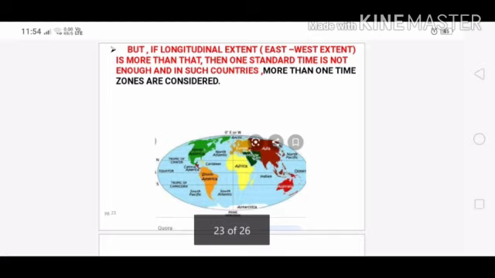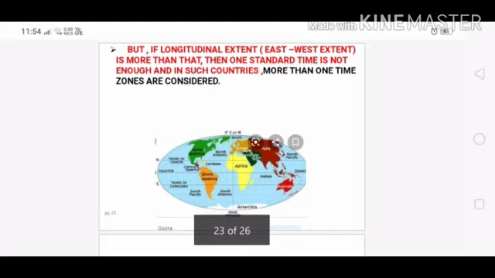First point. Then second, the prime meridian is used as the basis of making these time zones. And the third one, if any country is having a difference of 1 or 2 hours of time, then any one time is considered as standard time.